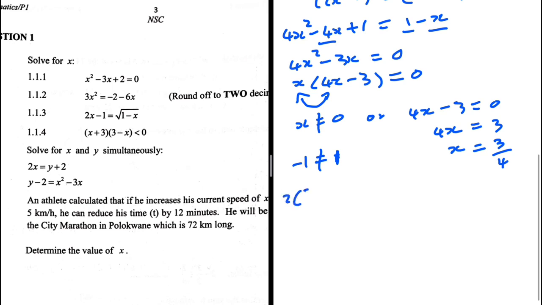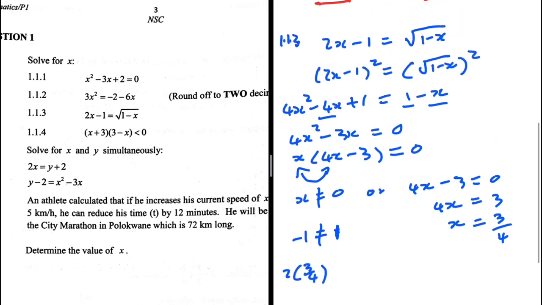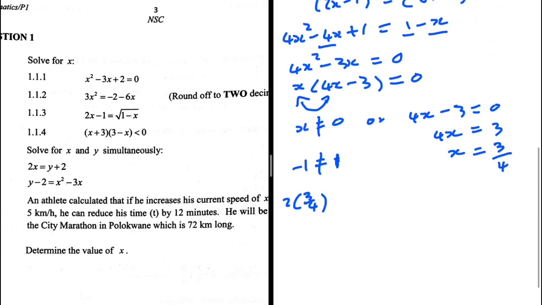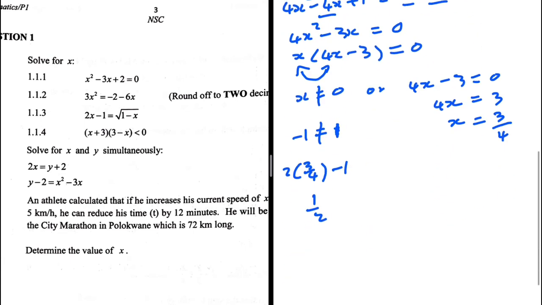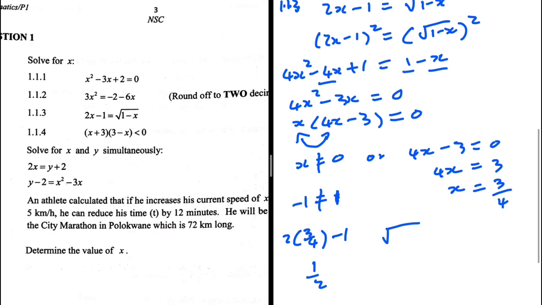Okay, let's check 3 over 4. So 2 multiplied by 3 over 4 minus 1. Where is my calculator? So let me go ahead and do that. 2 multiplied by 3 over 4 minus 1. I'm getting 1 over 2. And then let me not use equals there because I'm not sure they're equal to each other. And then the square root of 1 minus 3 over 4.